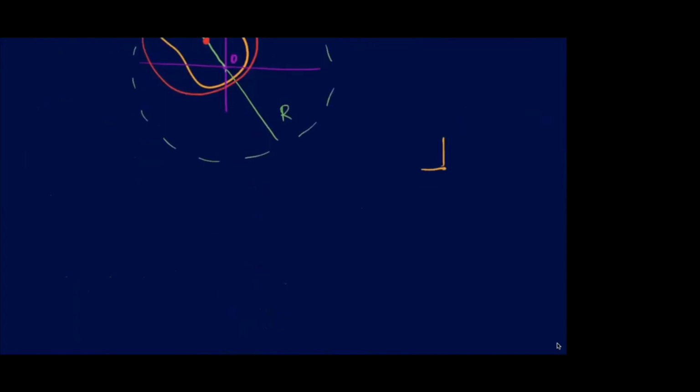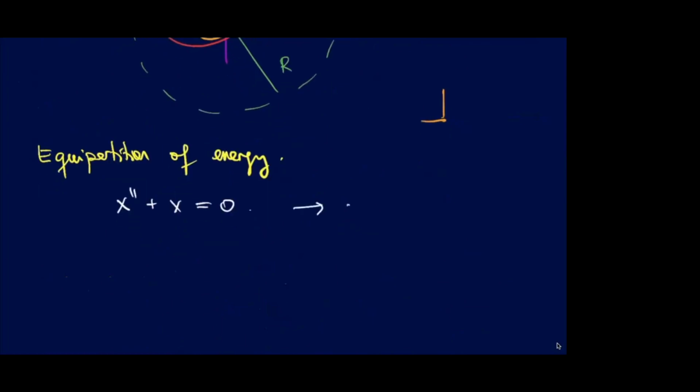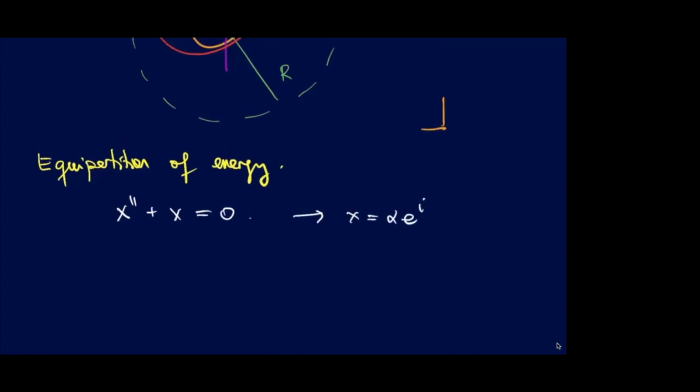So what do I do with this term? Here, we use the equipartition of energy. So what does it mean? When you take the harmonic oscillator, we said from the very beginning that the solutions are very simple complex exponential trigonometric functions.